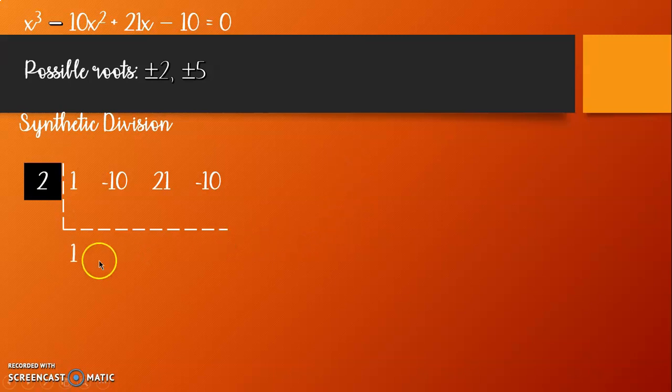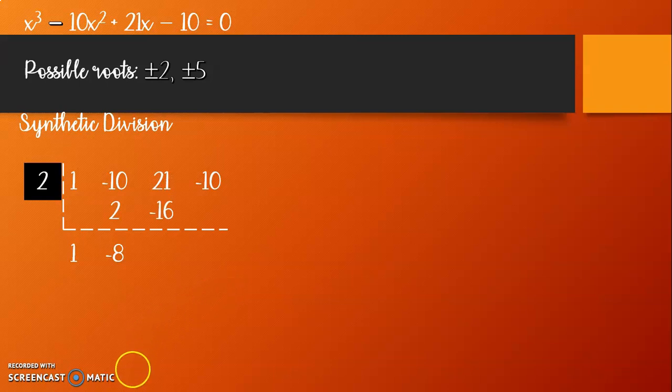Then multiply 1 with 2 gives us positive 2 and write it down on the next column. Then add negative 10 plus 2 is equal to negative 8. Write down the sum at the third row. Then multiply again negative 8 by 2 gives us negative 16.